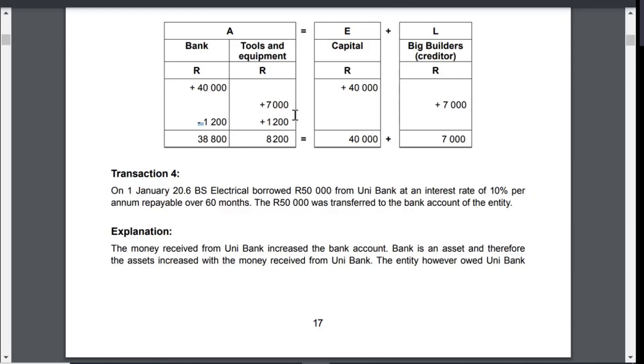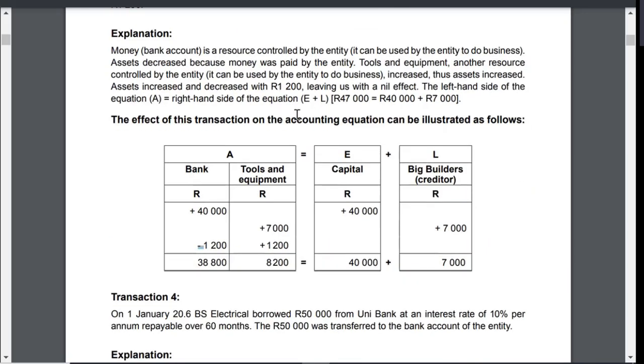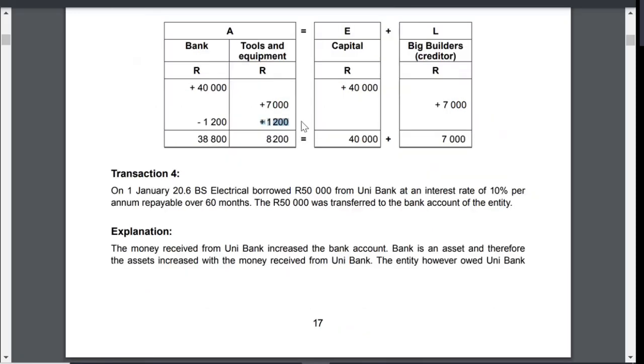A ladder is increasing because it's an asset. A ladder is not decreasing. There are more assets being bought into the business. So it's going to be a plus 1,200. Can you see the effect on the equation?